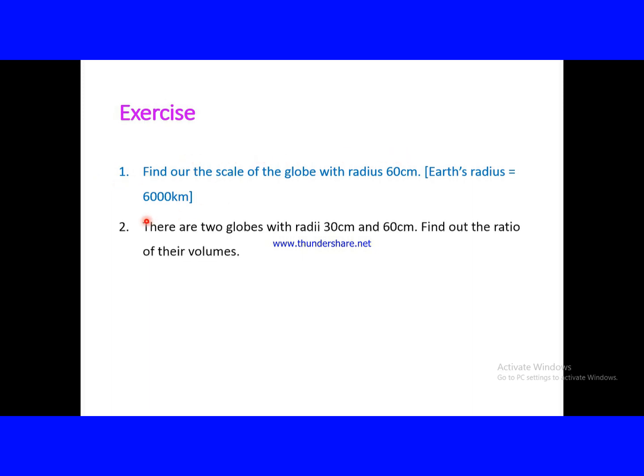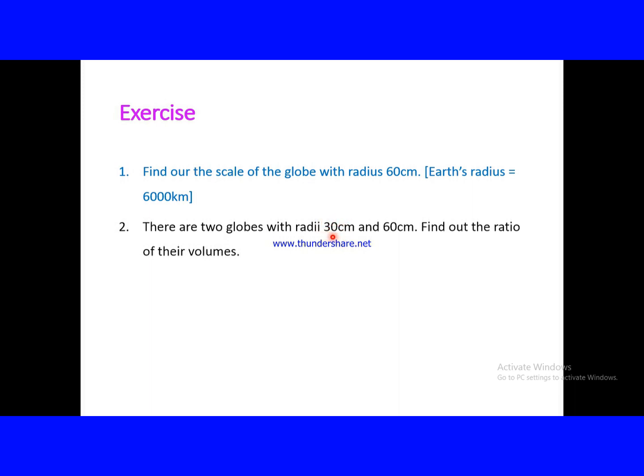Second, there are two globes with radius 30 centimeter and 60 centimeter. Find out the ratio of their volumes. How can I solve this problem? First, from radius, find out the volume of the first globe. What is the volume?